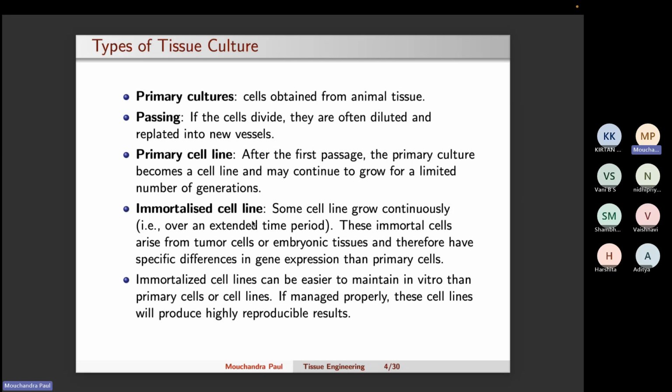So when you are using these cells for an experiment, you may not see reproducible results. Cells from one passage number give one result, while the same cells from a higher passage number give a different result. But with an immortalized cell line, which grows continuously, the reproducibility of your results becomes higher.